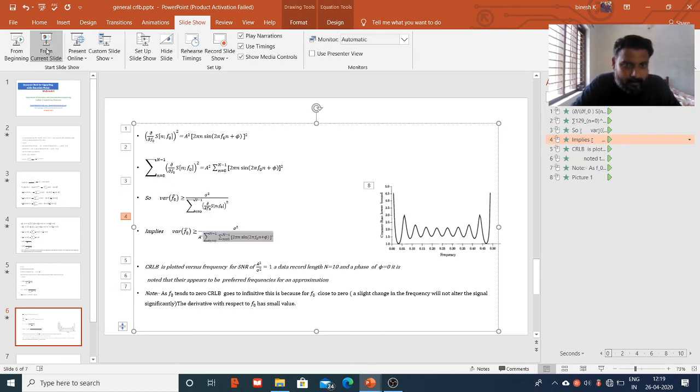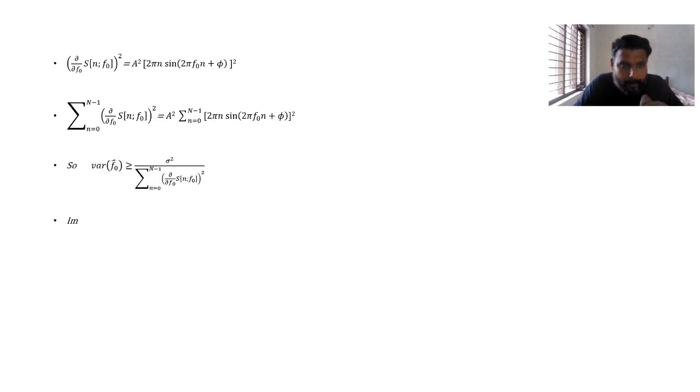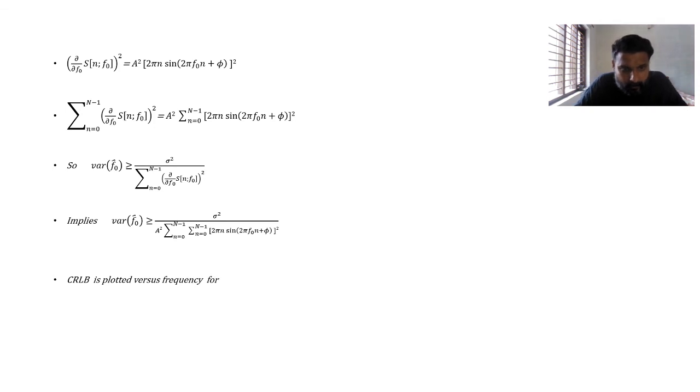So the first sigma is not required; you just delete that sigma. Because I have written 2 sigma here, only 1 sigma is required. That is the general equation you have to find. The sum over n equal to 0 to N minus 1, you just delete that one; only 1 sigma is required in this case.